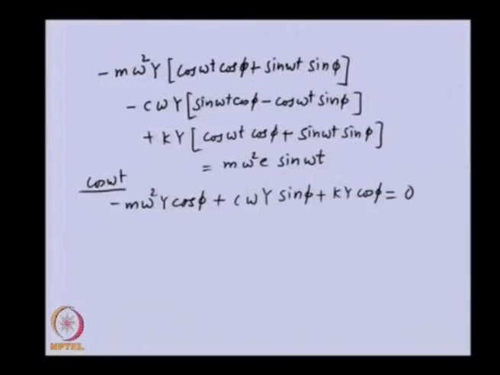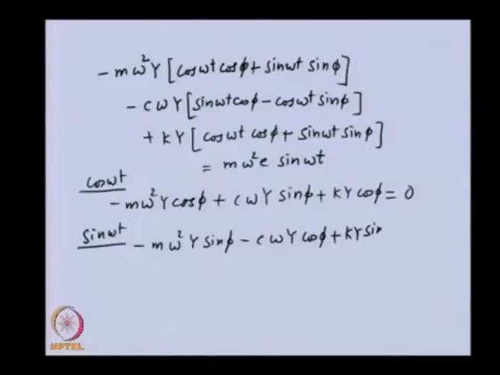Then the sin omega t terms: this is from inertia, then from damping, then from inertia, then from stiffness, and on the right hand side we have the unbalanced force. So we will have this term.